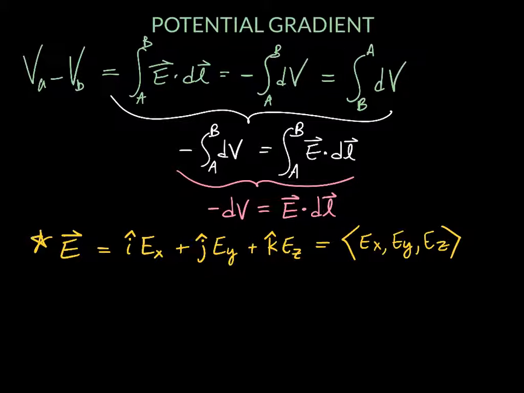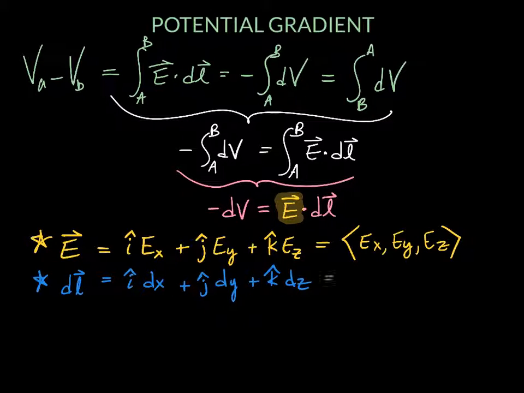Okay, so we got to make sure that we attend to that. But what about DL? Well, DL would be the same sort of thing, except it's going to be differential lengths, or dx dy dz.